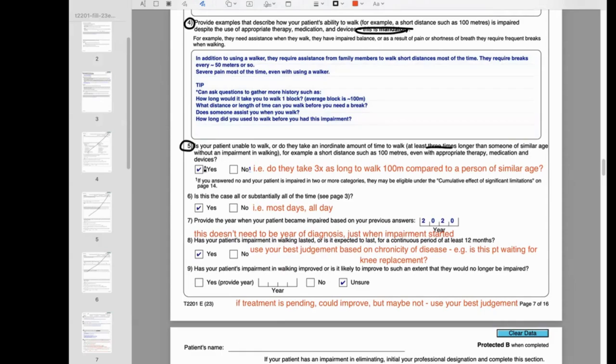So for this example, we're saying yes. I.e., do they take 3 times as long to walk around 100 meters compared to a person of a similar age? So if they're saying it takes them half an hour to walk a block, that's for sure 3 times more than the average person needs.